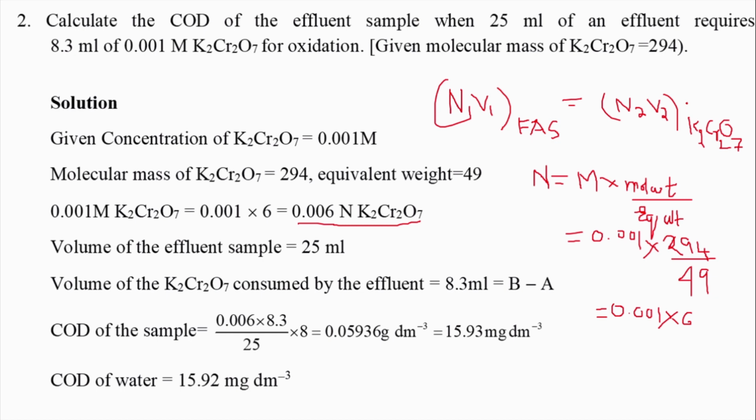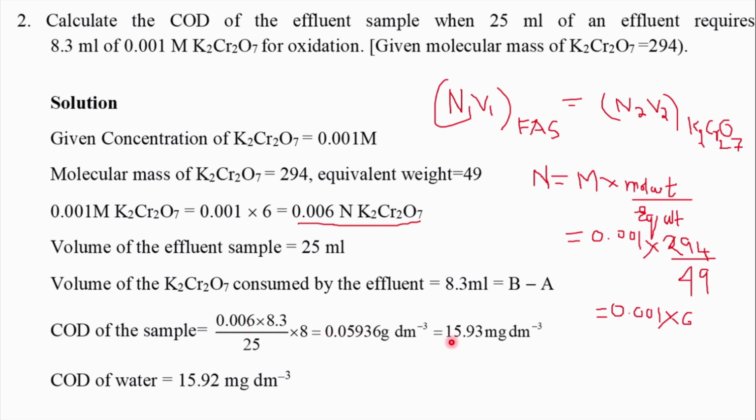Based on this formula, in place of N of FAS, we take 0.006 multiplied by blank minus back, which is directly given. The volume of K2Cr2O7 taken up by the pollutants to undergo oxidation is directly given in the problem, that is 8.3, and the whole thing multiplied by 25 gives the strength of the pollutants in the water sample, again multiplied by the gram equivalent weight of oxygen, 8. Once again multiplied by 1000 to convert the gram to the milligram.